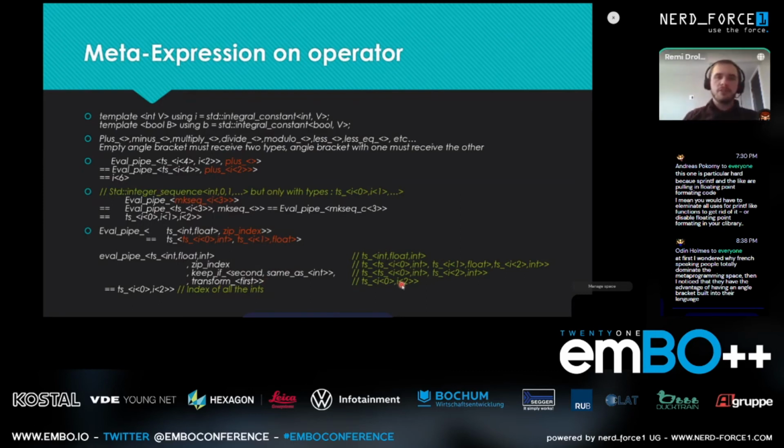Then I have another meta function that just converts it to a std make sequence. And that's it. That's how you, for example, take a tuple, you need to unpack it first, but that's pretty simple. And then if you want the index of all the ints, you can just copy that.